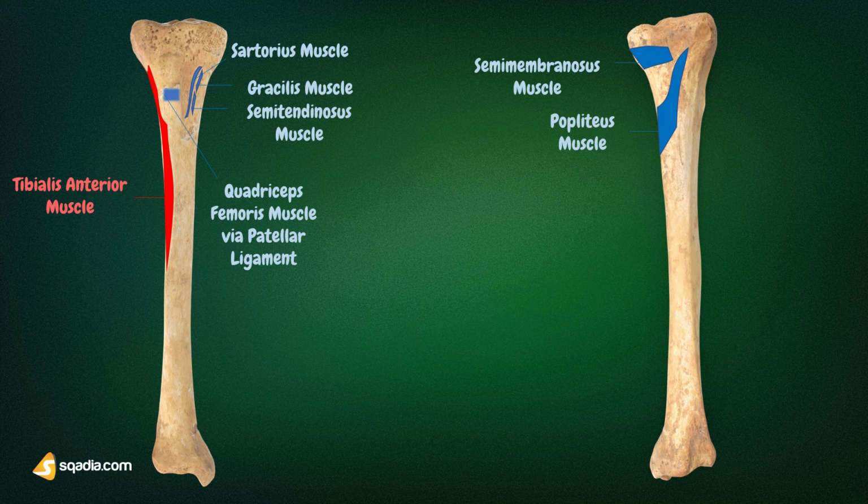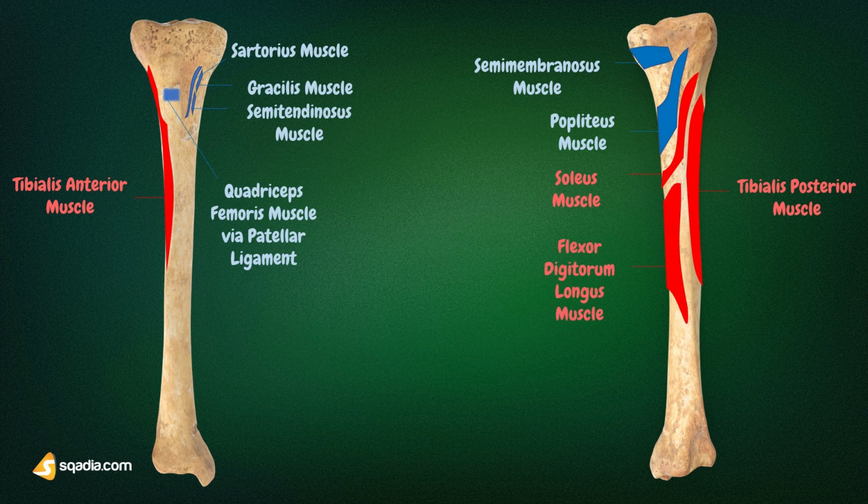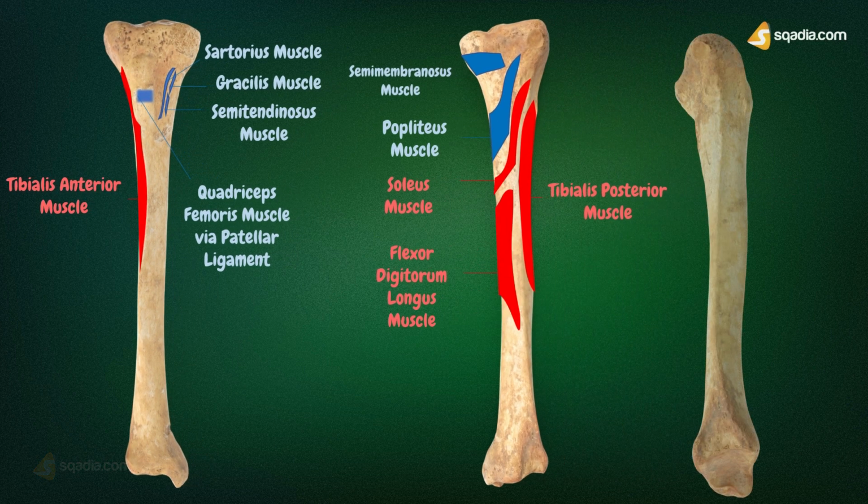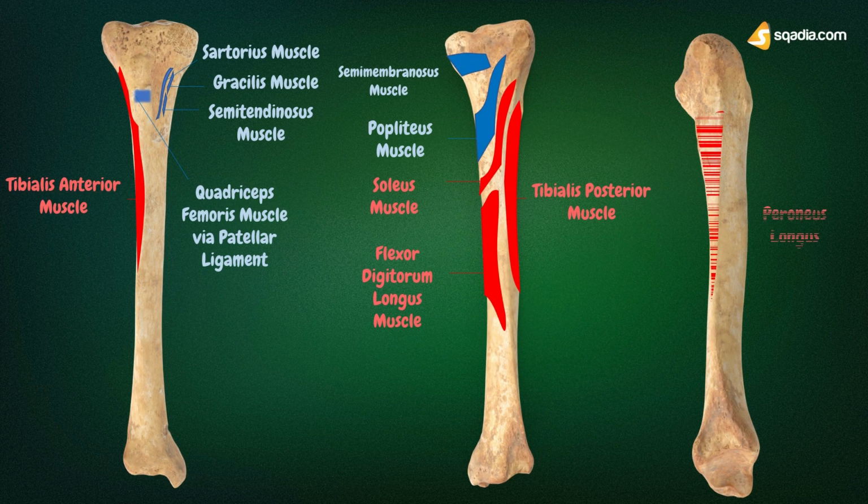Now coming toward the posterior aspect. The first muscle is the semitendinosus muscle present on the medial condyle of the tibia. Next is the popliteus muscle present on the posterior surface of the shaft. The soleus muscle attaches to soleal line. The tibialis posterior muscle attaches to the posterior surface.